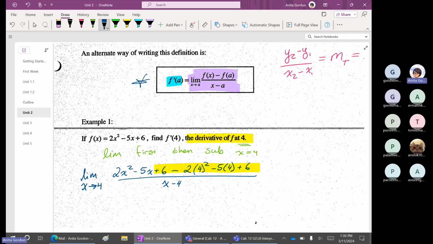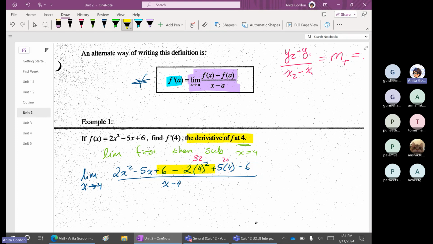Right? We can simplify and collect like terms. This will be 16 times 2. This is 32. This is 20. Oh, yes, thank you. Minus 2x squared plus 5x minus 6. Great catch.